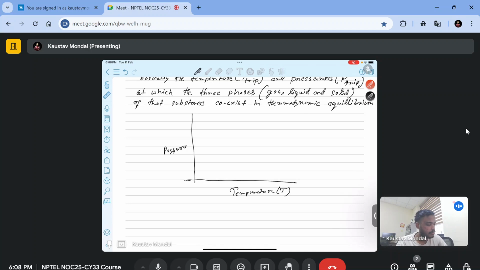Let's suppose this area denotes the liquid phase of a substance, this area denotes the vapor or gas phase, and this the solid phase.